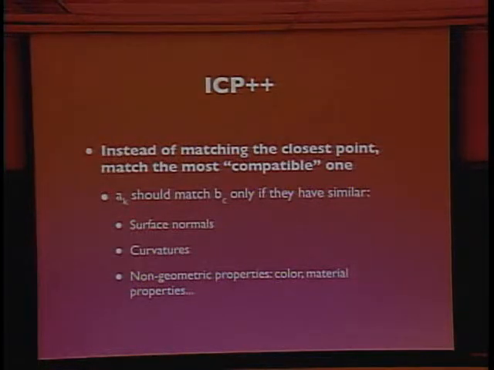And in particular, you can say, well, this point A should only match the point B if the surface neighborhood around there looks similar in terms of surface normals, curvatures, or some other property such as its color or material properties. Some of which you can actually acquire from laser radar, in fact. You can't get the material properties directly, but you can get some sense of the color of the surface.